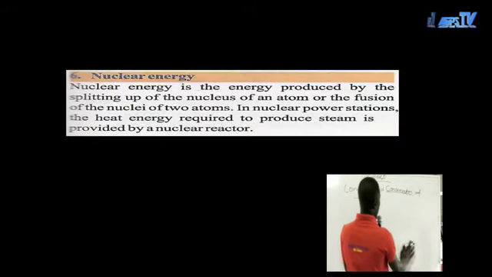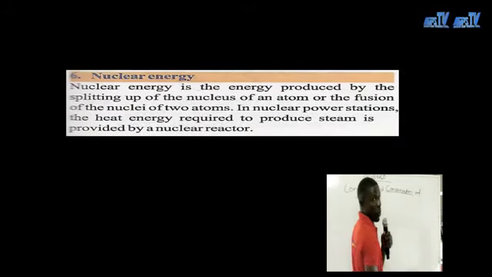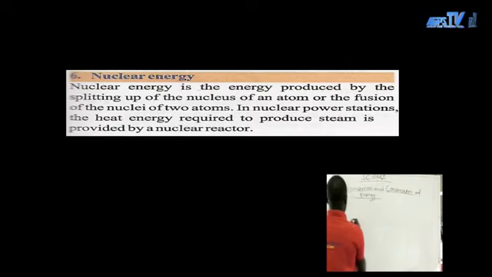So the next form of energy is nuclear energy. So here we have a metal. It is very important. If a country is having this kind of metal in its soil, it means that the country is very rich. Now, we have uranium metal.